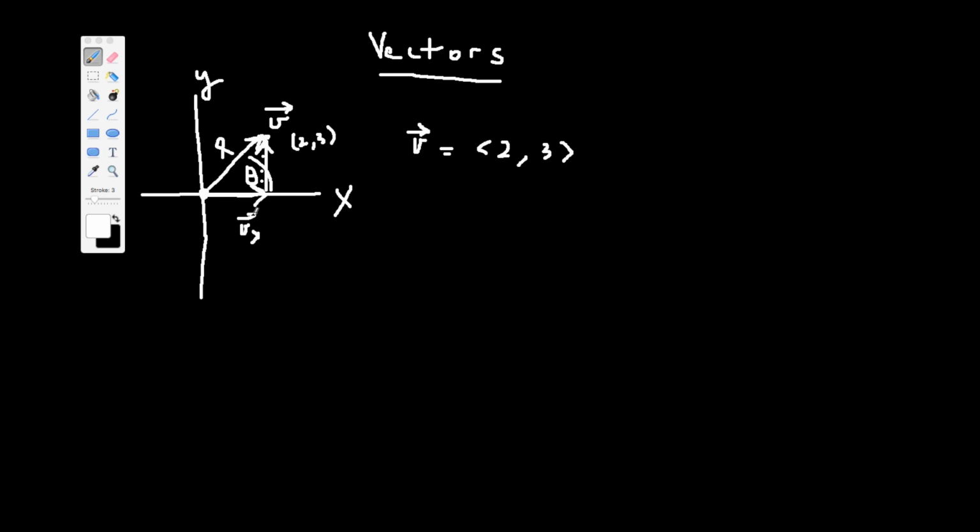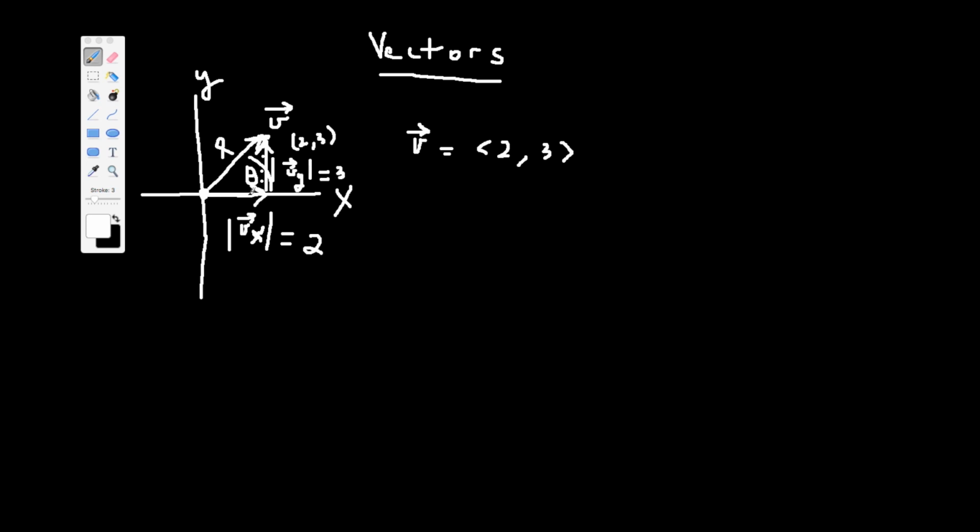So we'll call that v sub x, and v sub y, right? So those are the two vectors. And we know the lengths of those, right? Because we wrote what the vector was. It's ⟨2, 3⟩, right? So v sub x, the length of that is 2, right? 2. And v sub y, the length of that is going to be 3, of course.